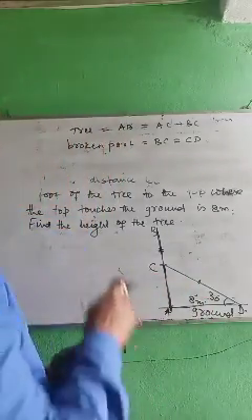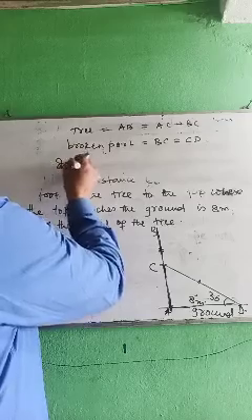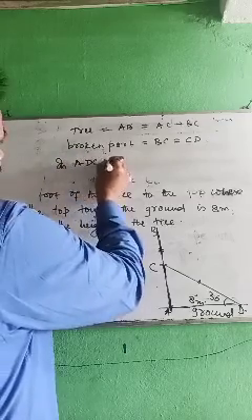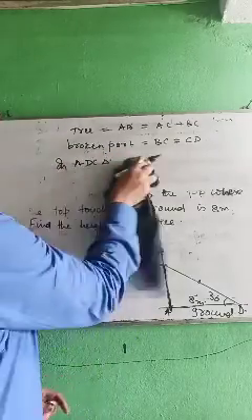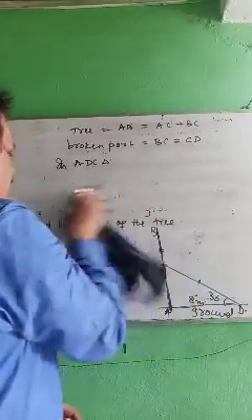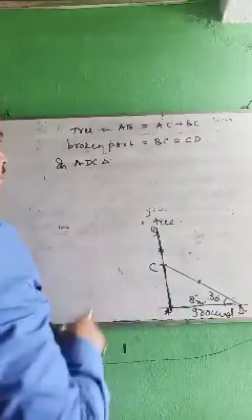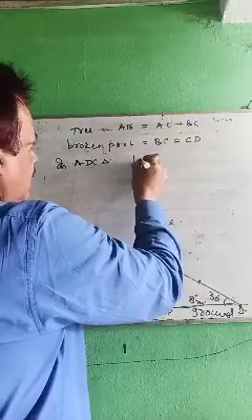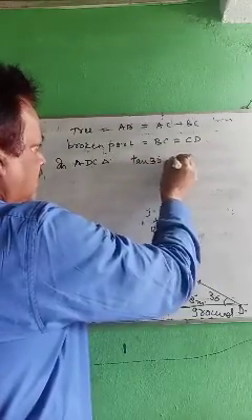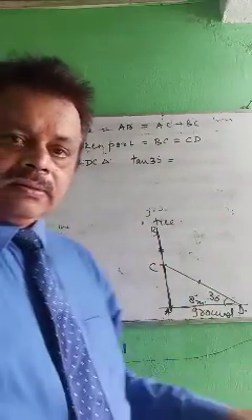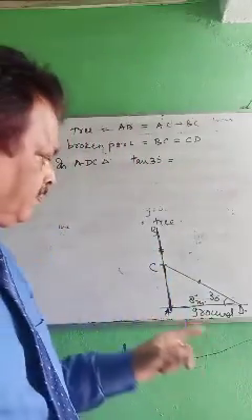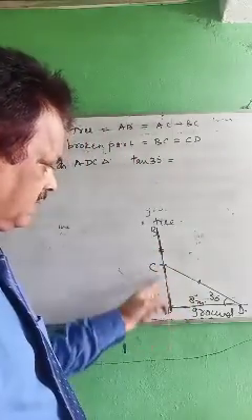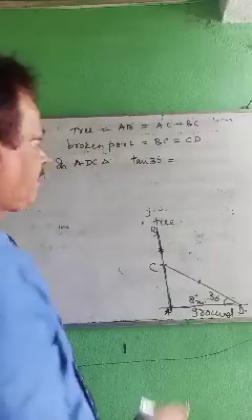So in triangle ADC, tan 30 degrees equals perpendicular AC by AD.